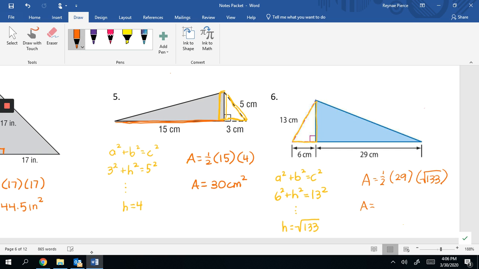And an exact answer for this area is 29 square roots of 133 over 2 centimeters, maybe. Okay, but if I want to write that as a decimal, I can also say it's about 167.22 square centimeters.